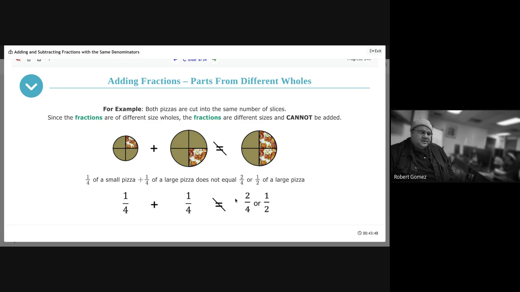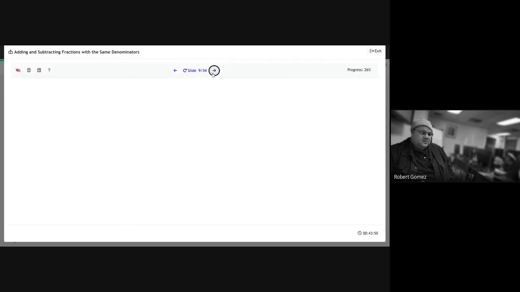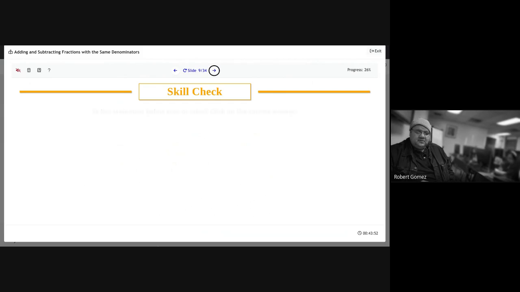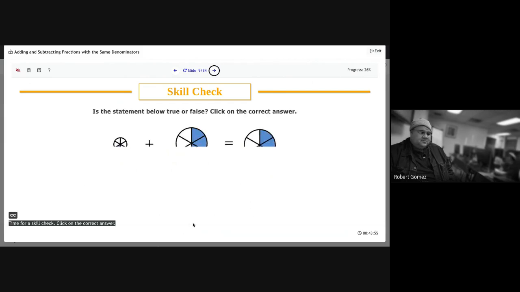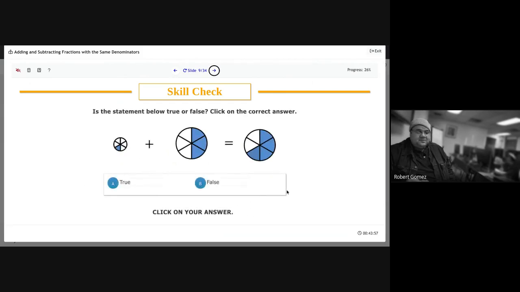So let's go ahead and look at the skill check. We'll just answer this question really quick, guys. Going back to ice trays, or we can talk about Chuck E. Cheese pizza if you want: does this Chuck E. Cheese pizza plus this leftover part of Chuck E. Cheese pizza equal a whole new Chuck E. Cheese pizza?